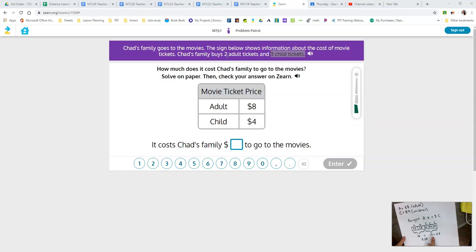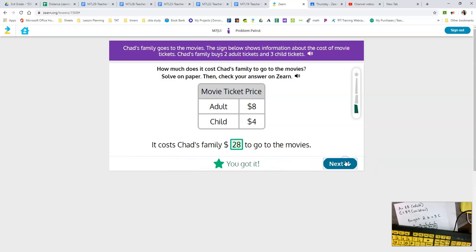I represented that part of the problem by showing 3 smaller boxes labeled C for children and putting a 4 in there because the sign says child is $4. If I add all of those ticket prices together, we ended up with 28. And hold on, I gotta get my keyboard out again. So I'm going to type in 28 and see if we got it.